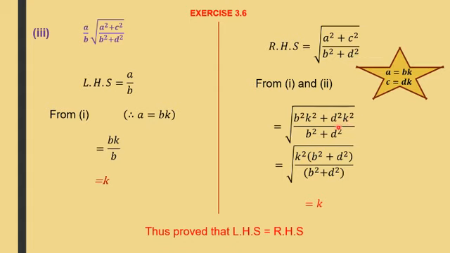Taking k square common from the numerator, we have k square into (b square plus d square). This (b square plus d square) cancels with the denominator (b square plus d square). We have only square root of k square, and square root and square cancel out. We have only k. Left hand side is equal to k, right hand side is equal to k, which means that left hand side is equal to right hand side, which is our final answer.